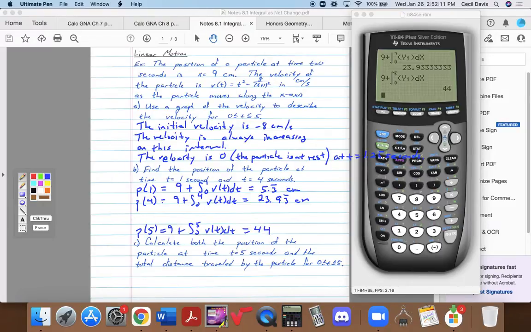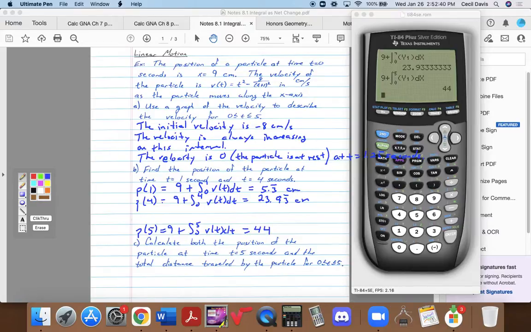Now, how am I going to find the total distance traveled by the particle? The absolute value of the integral, and you don't add the 9. The absolute value of the integral. You're close. The integral of the absolute value. There we go.